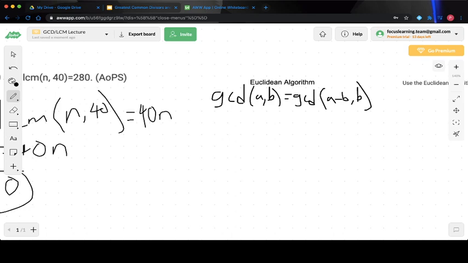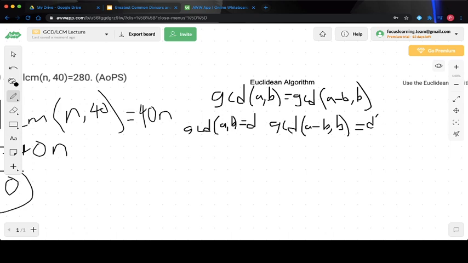So we can let the GCD of A and B equal D and the GCD of A minus B and B equal D prime. So what I want to show is that D equals D prime.